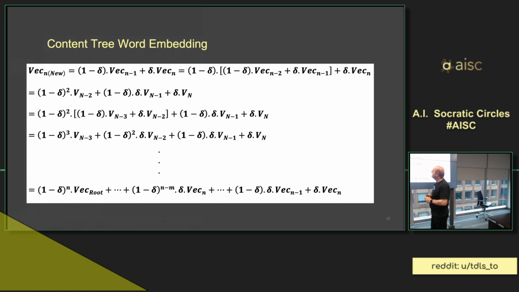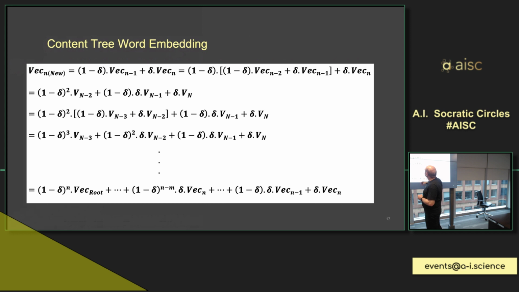And this is the general form for the word vectors. Assume that we have the word at level n. You can see that the previous word, which was its parent, was Cn-1, and Vn is the current word vector.